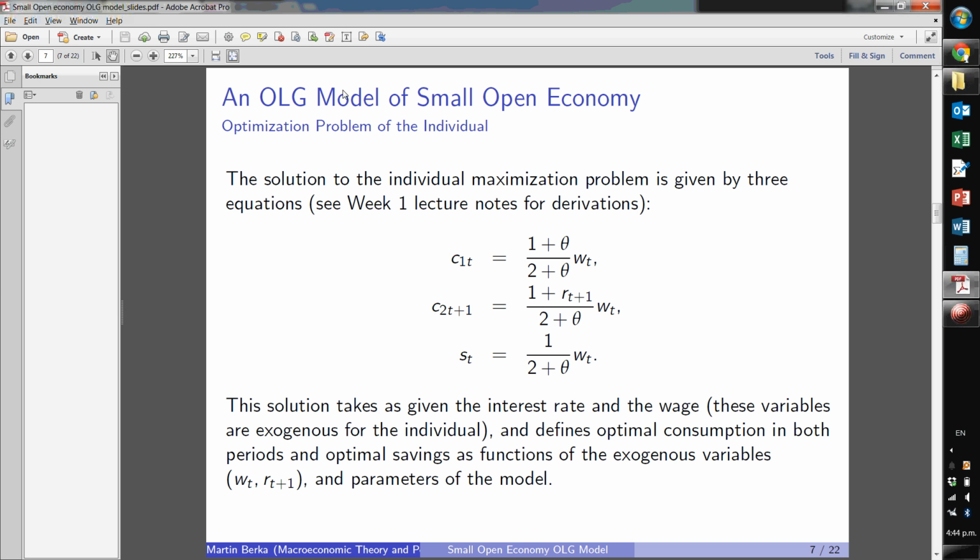However, here we are assuming that because the capital market is international and mobile, and we are a small open economy, the interest rate is going to be determined by the world market, not by domestic considerations. We also assume that the labor market is isolated, so there is no free flow of labor. Consequently, the wages will still be determined by the domestic conditions.